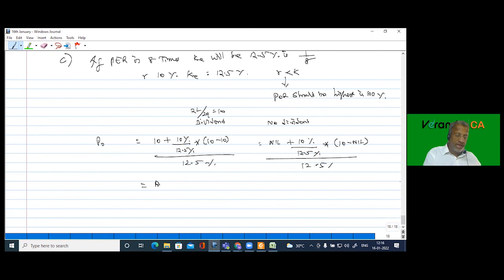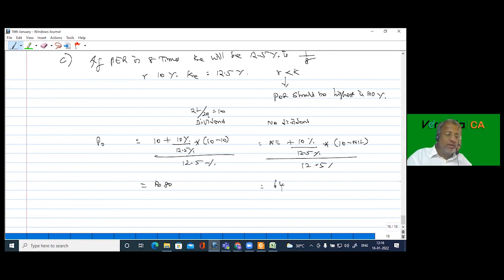That is 10 into 0.1 divided by 0.125, the whole divided by 0.125. That gives you rupees 64.